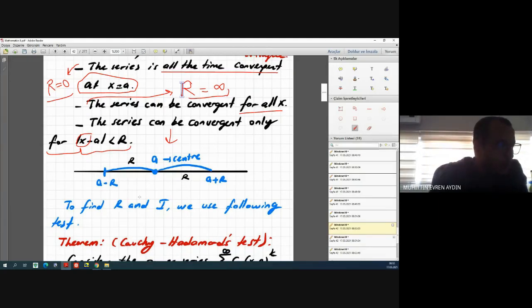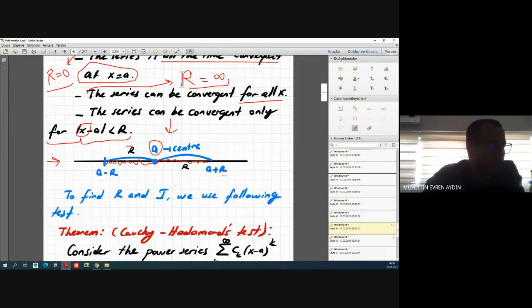So we can see in this diagram, as you have a center and a finite r, this interval is the one of convergence.